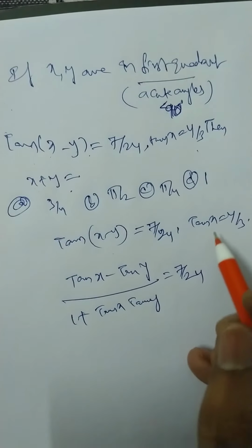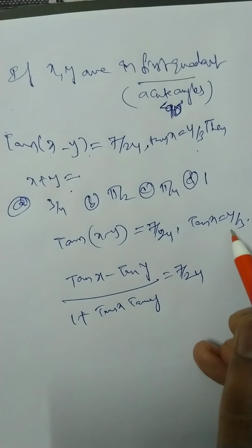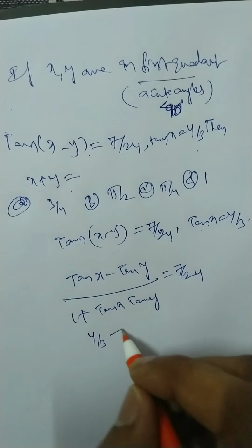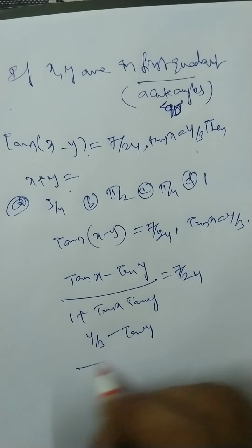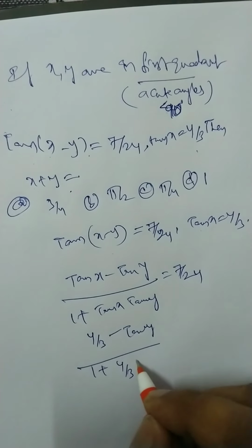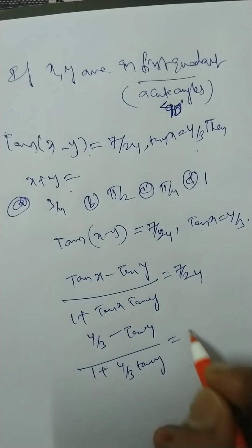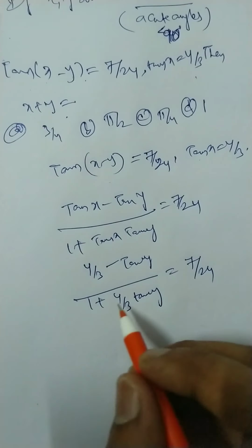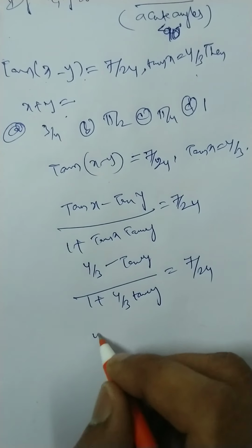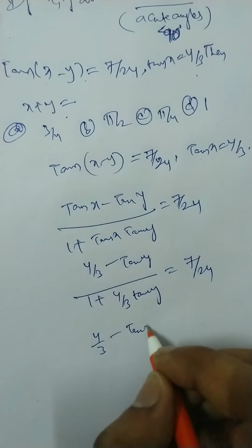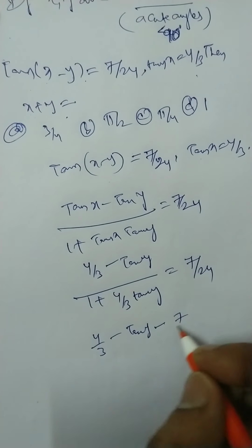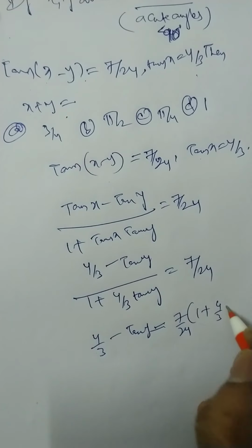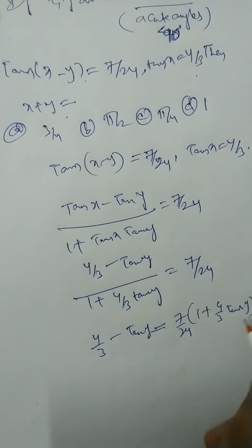Now I am going to substitute this tan x value, 4 by 3, here: 4 by 3 minus tan y by 1 plus 4 by 3 tan y is equal to 7 by 24. To simplify this further we cross multiply. So 4 by 3 minus tan y equals 7 by 24 times 1 plus 4 by 3 tan y.